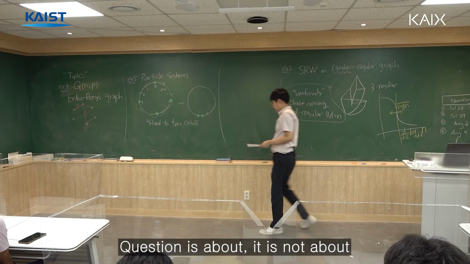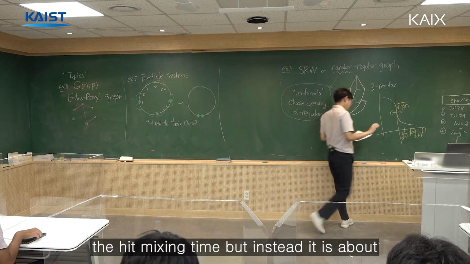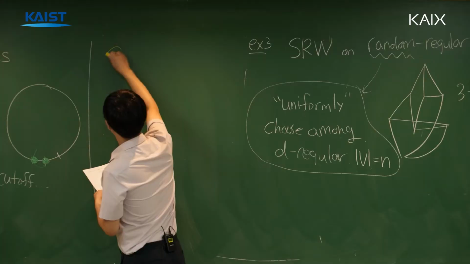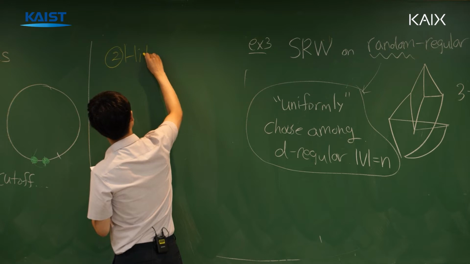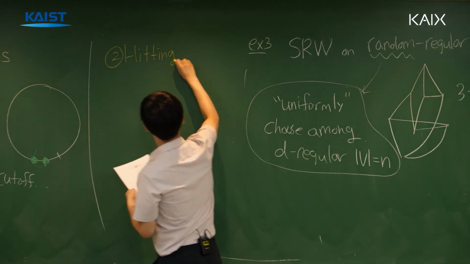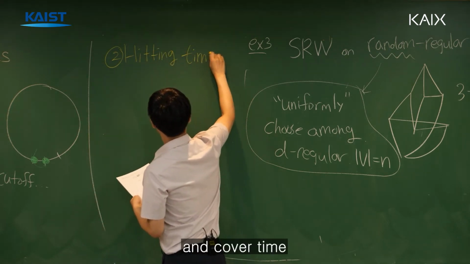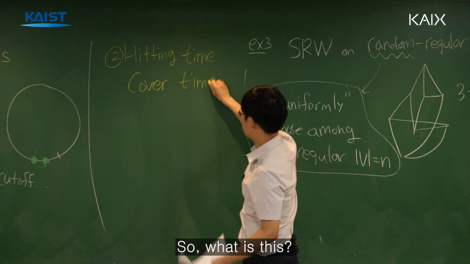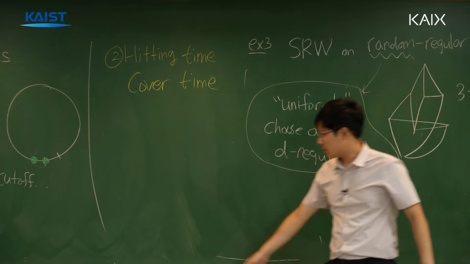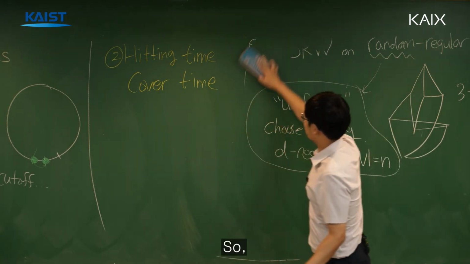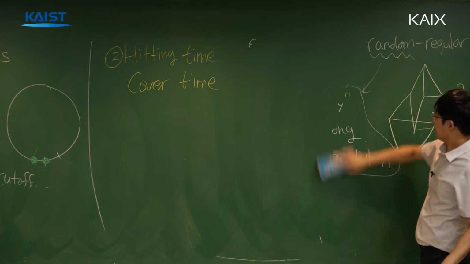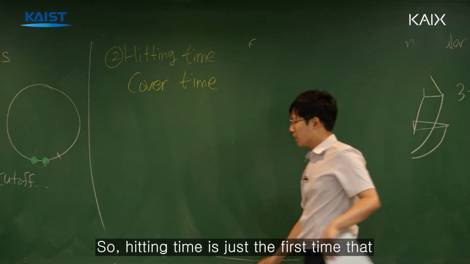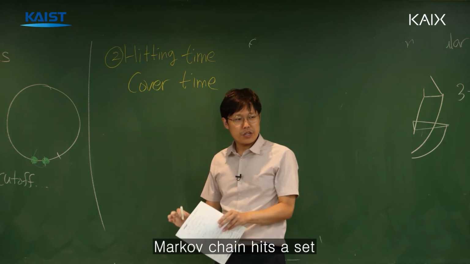The question is not about the mixing time, but instead about the hitting time and cover time. So what is this? There is the terminology of hitting time. The hitting time is just the first time that a Markov chain hits a set.